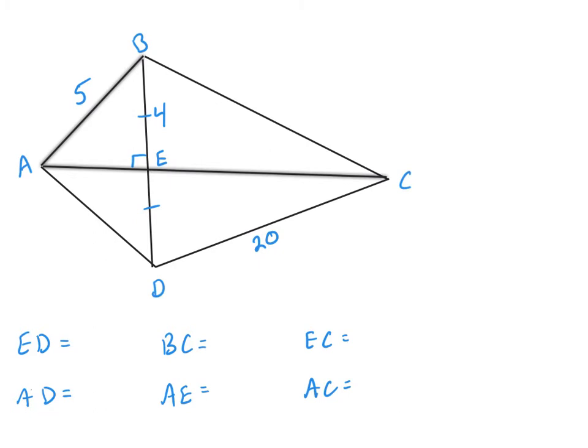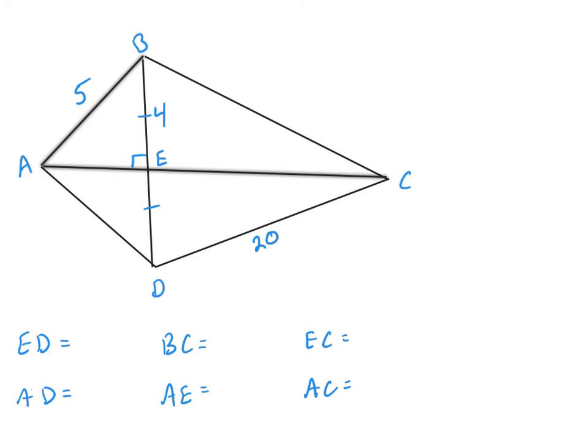If we take a look at this figure, we want to go ahead and fill in some information about the missing pieces. The first thing that I'm going to notice is that I do have a segment that is being bisected. Segment BD is being bisected by segment AC, and it's being bisected at a right angle.